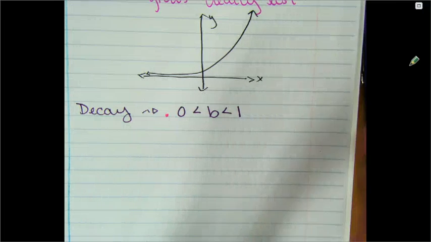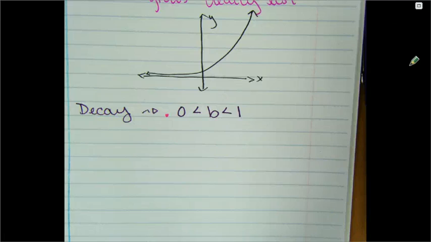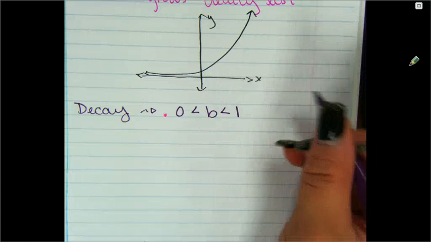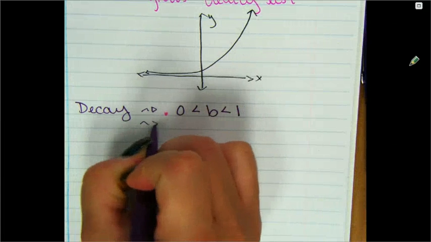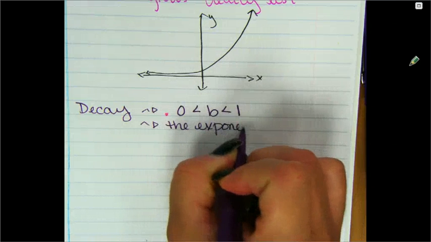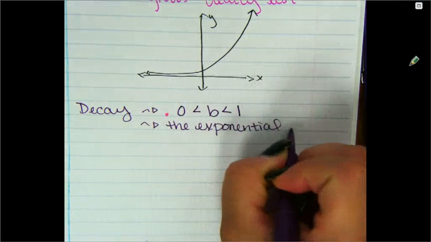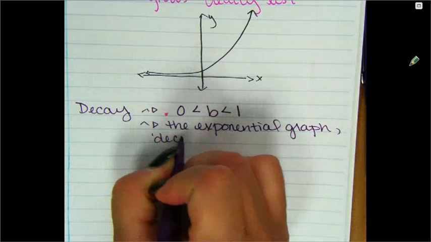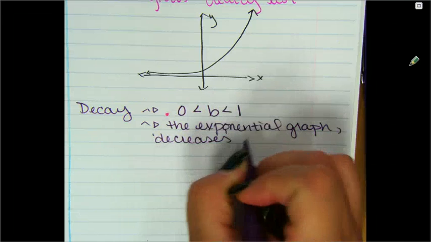So it has to be where your numerator is smaller than the denominator. Like 1/2, 2/3, 3/4. Any of those, that means you have decay. Decay is when your exponential graph decreases fast.